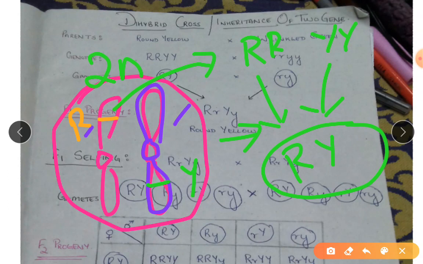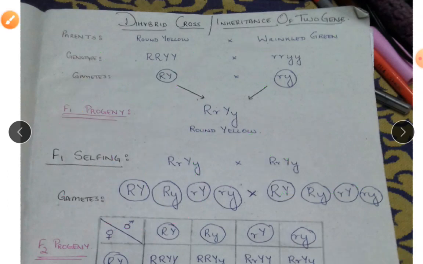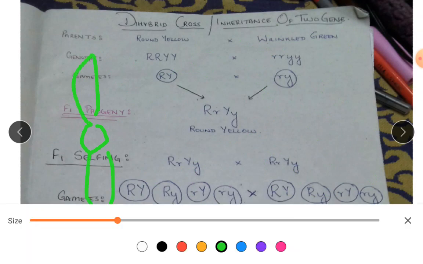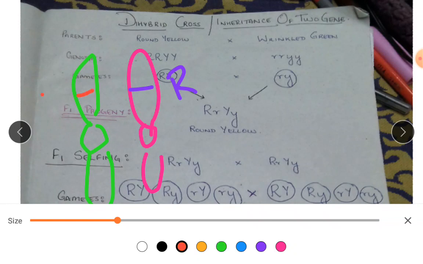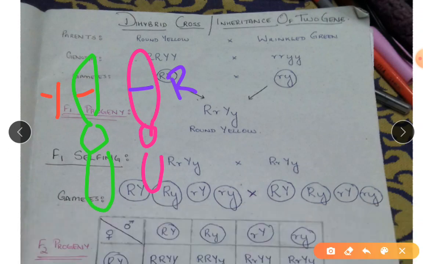Still confusion? Let me know. I'll just repeat it. This is why I said learn the meiosis process clearly. So this is your Y. This is your diploid condition.